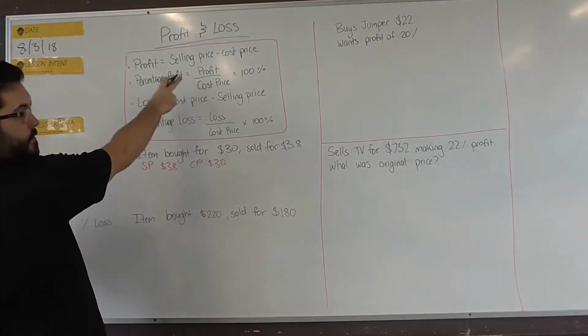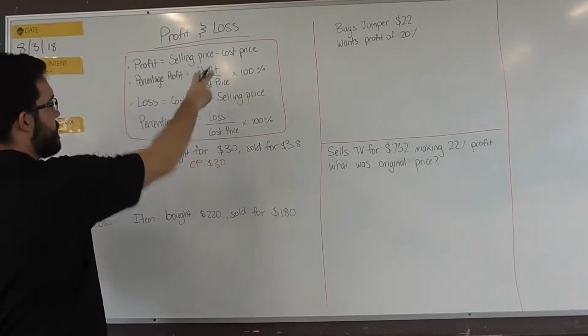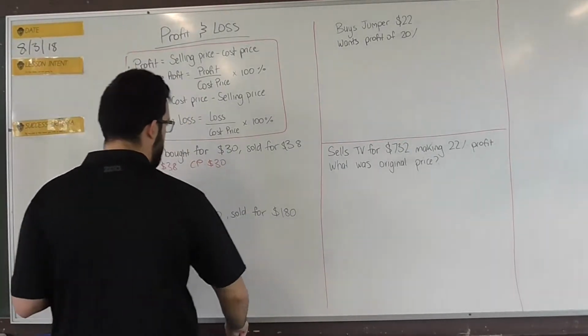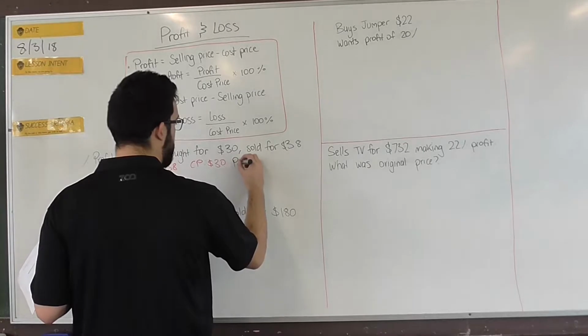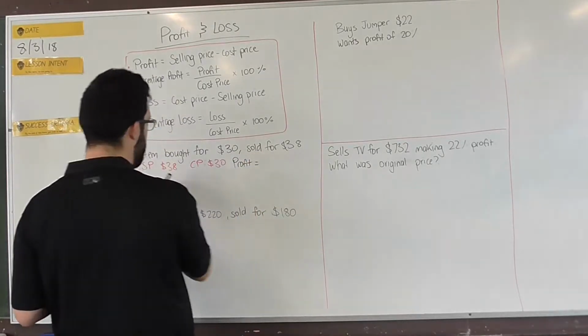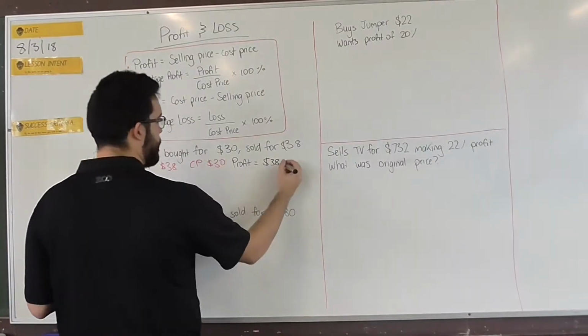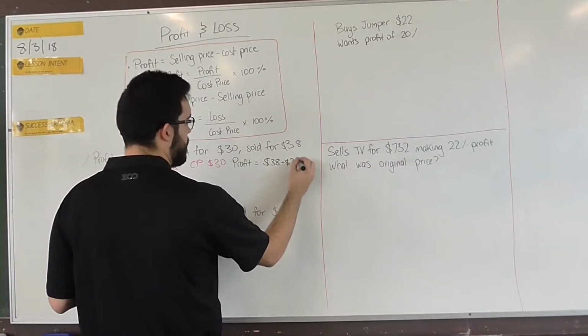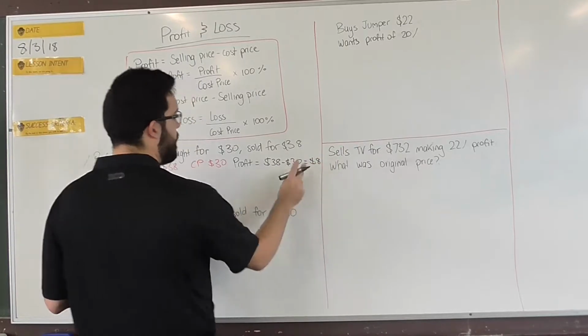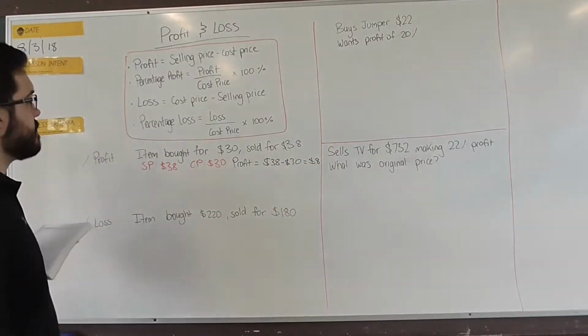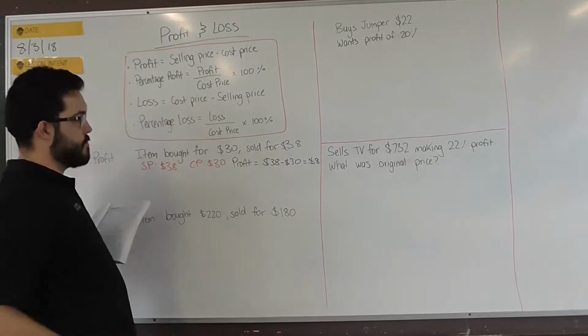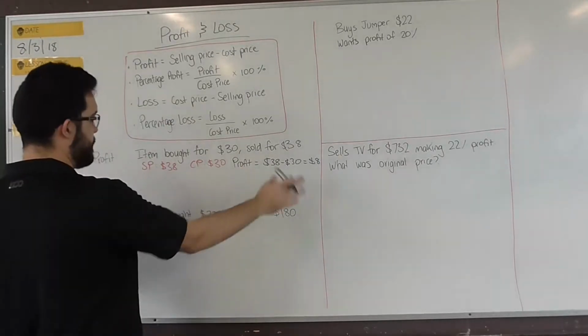So we need our profit first. I'm going to use profit, which is selling price minus cost price. So profit equals our selling price, 38, minus our cost price, $30. So our profit is $8. Now, we can find our percentage profit because we have everything we need for this formula to work.